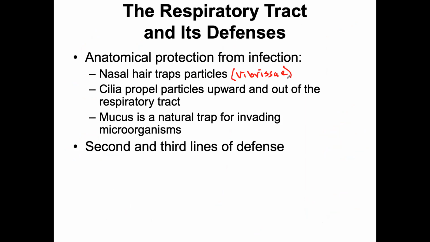They act as filters. We've talked about the pseudostratified ciliated columnar epithelium, right? And you're going to find that in the trachea and in the nasopharynx.